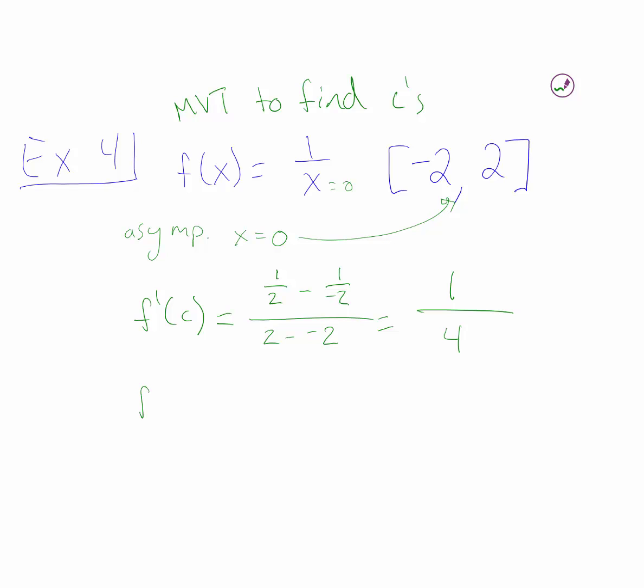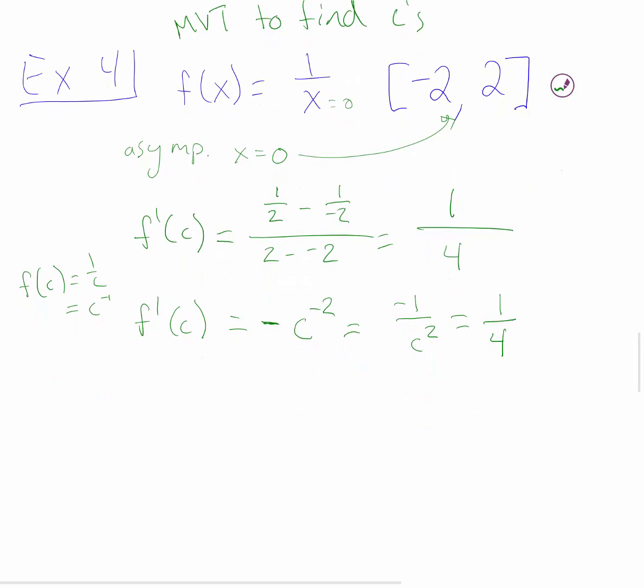And then we could say f of C is 1 over C, or C to the -1st. So f prime of C is going to be C to the negative second, or negative 1 over C squared. We want to know when does that equal 1/4.